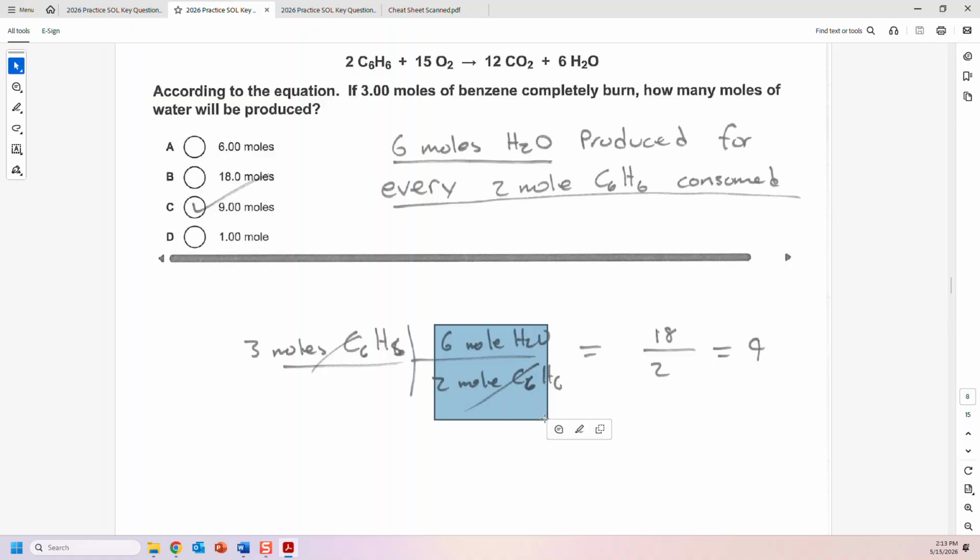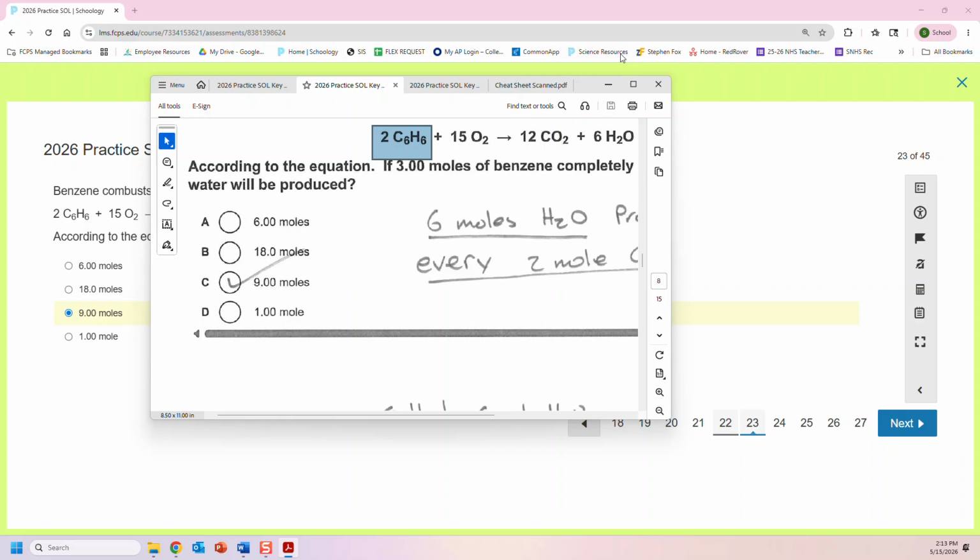Now, if you wanted to, you could reduce the ratio to 3 to 1, right? So 3 times 3 is 9. But you can keep it as is, right? Coefficient of what you're trying to get on top, the coefficient of the thing you already have on the bottom, right? And remember, they're mole ratios. So this 6 means 6 moles of water produced, and that 2 means for every 2 moles of benzene that burn, right? Okay.